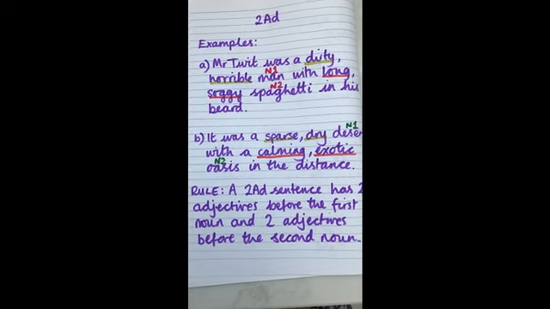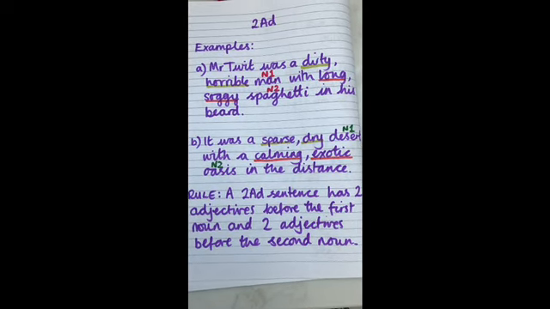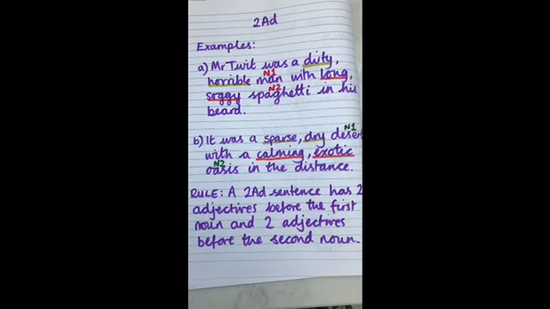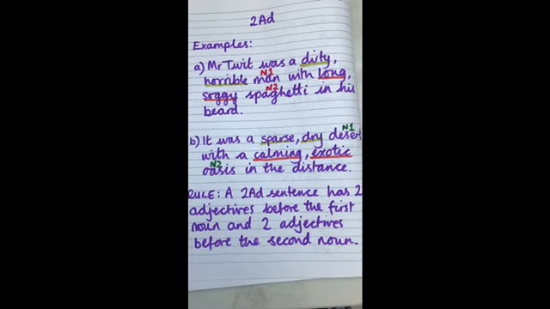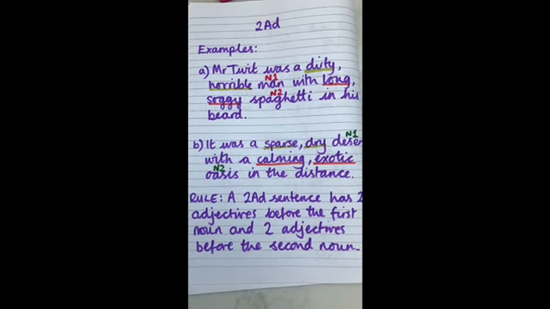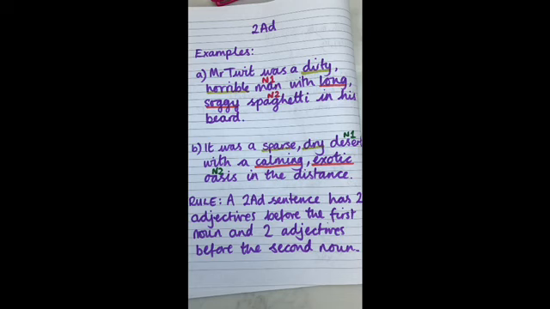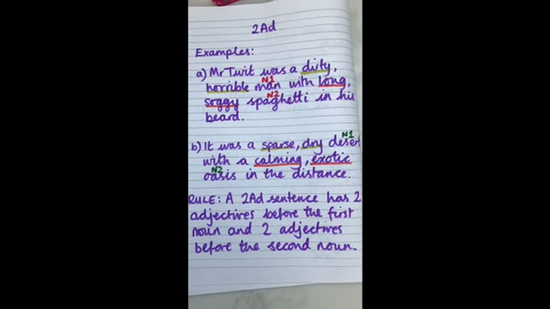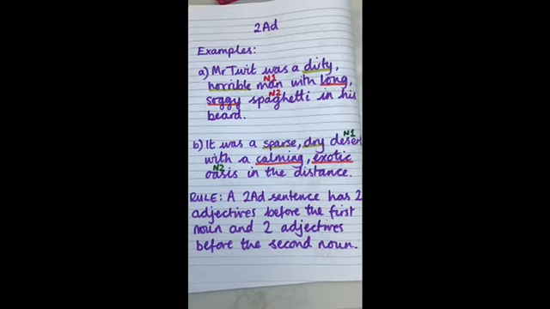In fact, nouns is most important. So the pre-learning to this is that you can identify nouns and that you understand that adjectives describe nouns. Because the rule to the 2AD sentence is that in the sentence there are two adjectives before the first noun and two adjectives before the second noun.